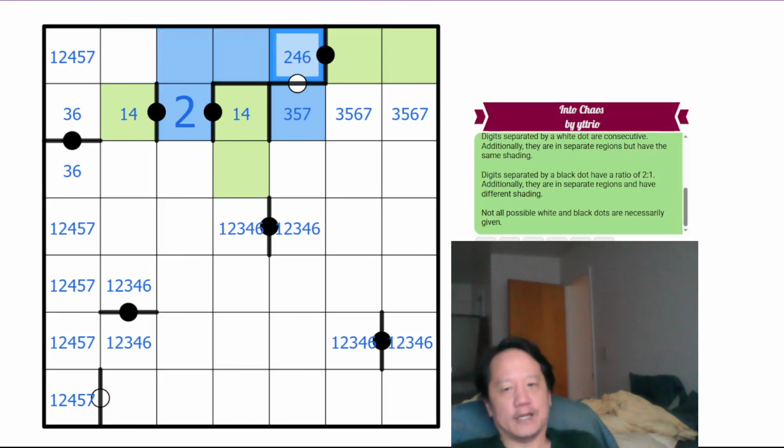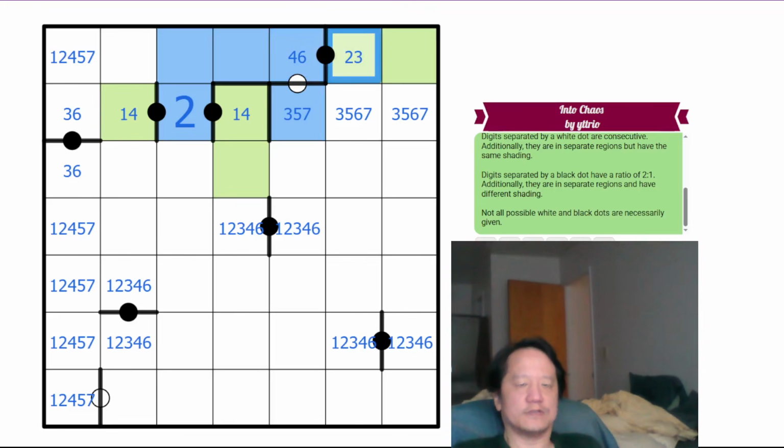So then this cannot be a 2. We have 4 and 6 here. If this is 4, this is 2. If this is 6, this is 3.